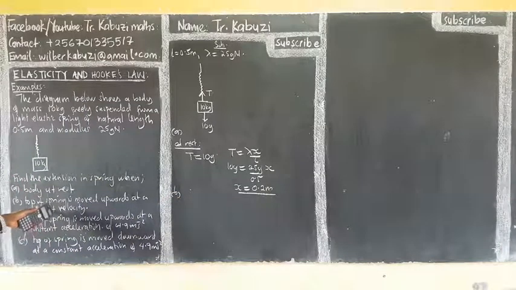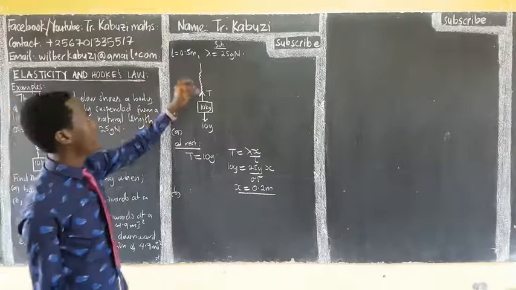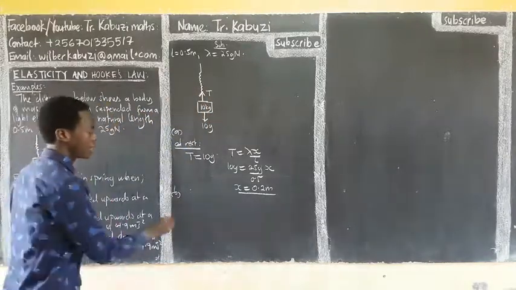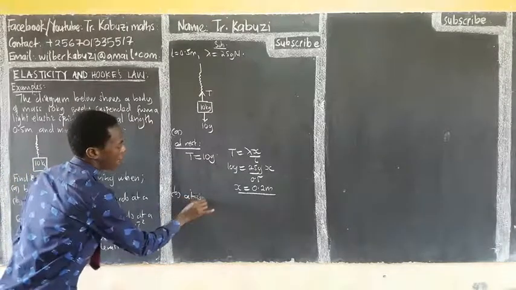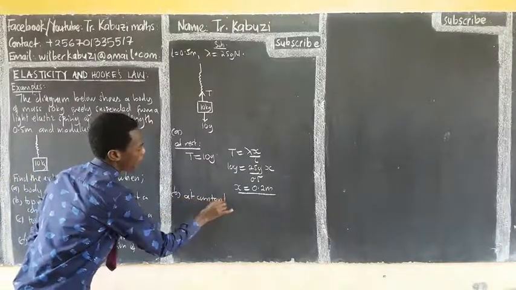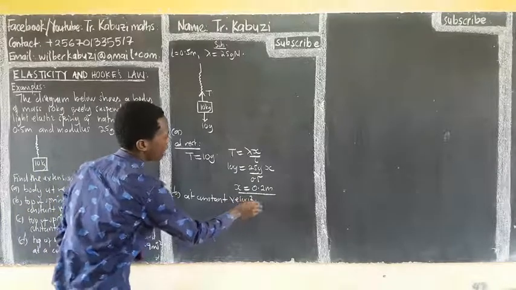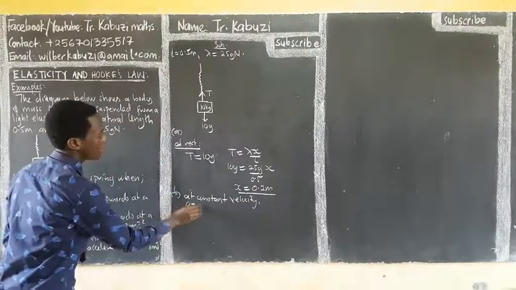Then part B, the top of the spring is moved upwards at a constant velocity. Constant velocity means that acceleration is 0.